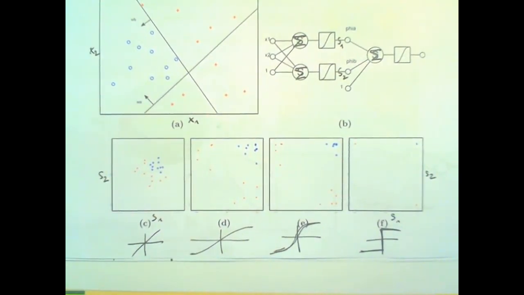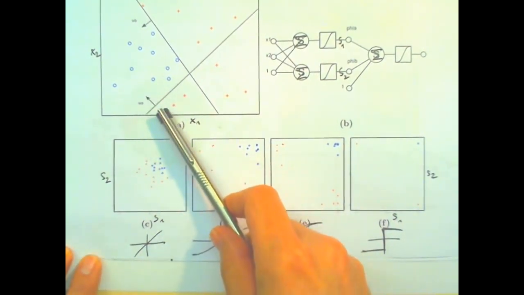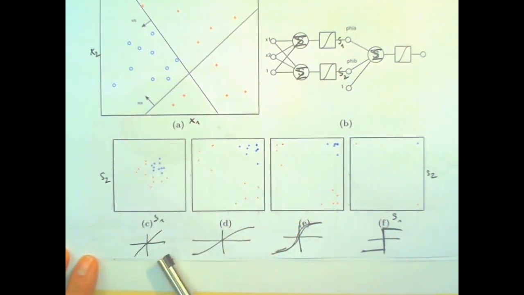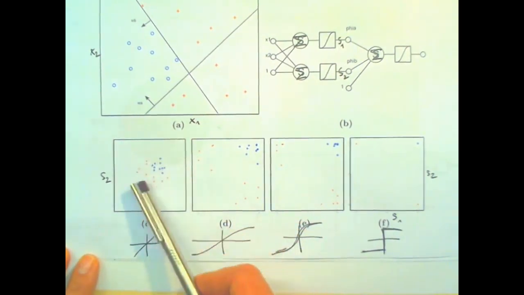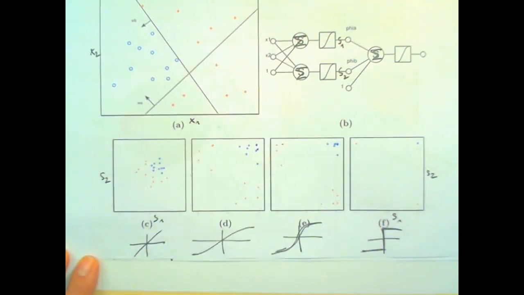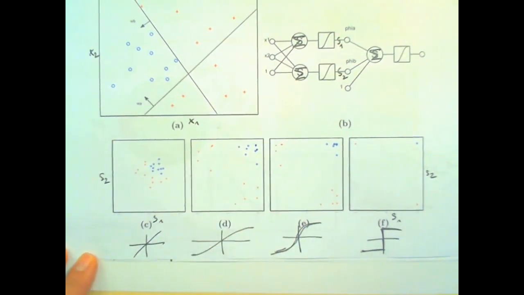So the question is, I claimed an identity activation function. Why then does this data set look different from that? And the reason is that the normal vectors are not aligned with the axes of my original feature space. So I can now try and figure out which perceptron was which.